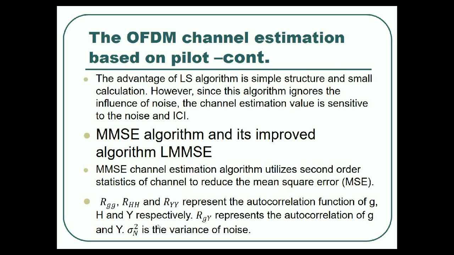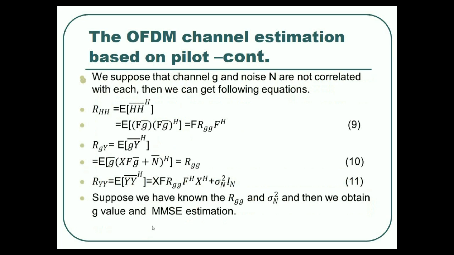We use R_GG, R_YY, and R_HH to represent the autocorrelation functions of G, H, and Y respectively. R_GY represents the cross-correlation of G and Y, and sigma square is the variance of noise. We suppose that the channel G and the noise N are not correlated with each other, and then we can get the following three equations.